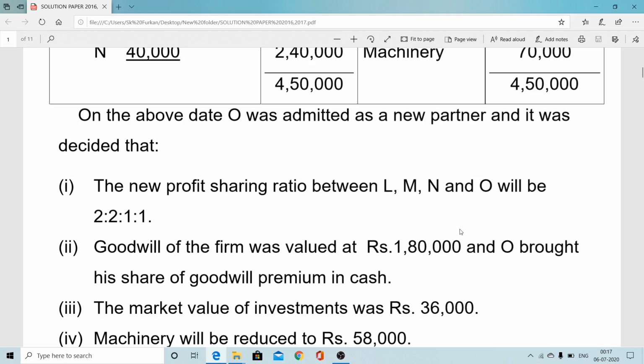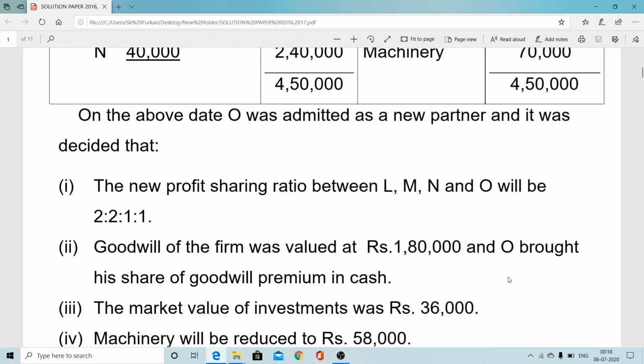Now another term and condition: on the date of admission, the agreed value of goodwill is 1,80,000, that is the entire firm's goodwill. O as a new partner will bring his share of goodwill money in cash, that is 1/6 of the entire firm, which means 30,000 to be paid by the incoming partner.